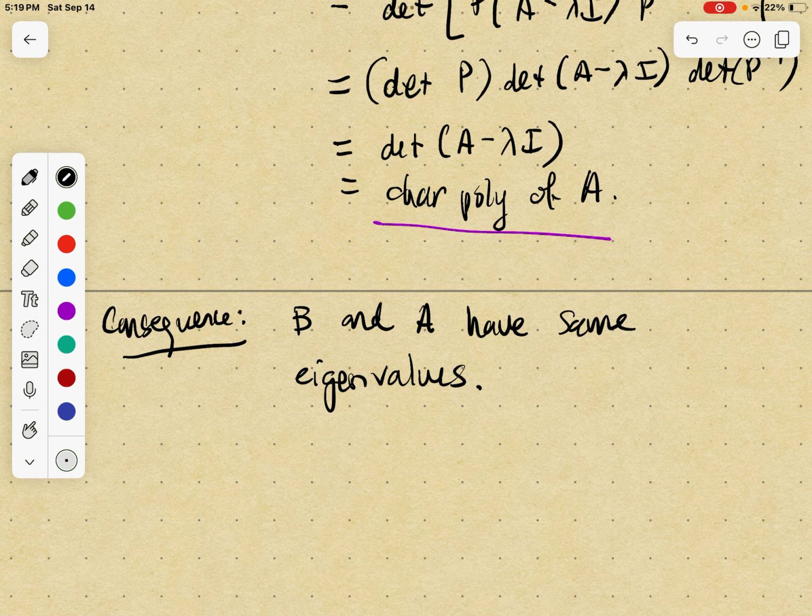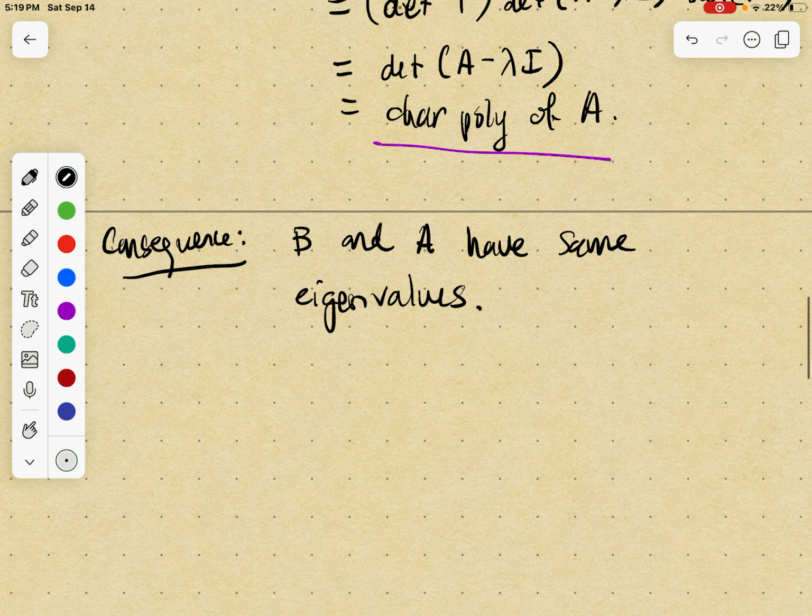The eigenvalues are just how much the eigenvectors get scaled by. So if B and A are matrices that represent the same linear transformation, since we're talking about one linear transformation, the eigenvalues of that transformation are the eigenvalues of A and B. That's basically the idea. Hopefully I'll make a video later explaining this in more detail.